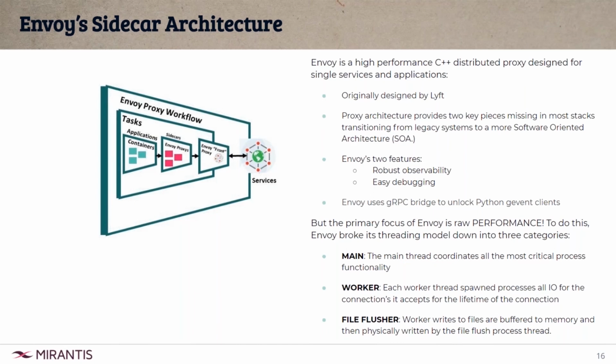And there's very few moving parts. You've got the main threads, you've got the worker threads, and you've got the file flusher that makes sure that anything that's unnecessary it throws out of RAM, since this sidecar methodology uses a little more memory than other methodologies.